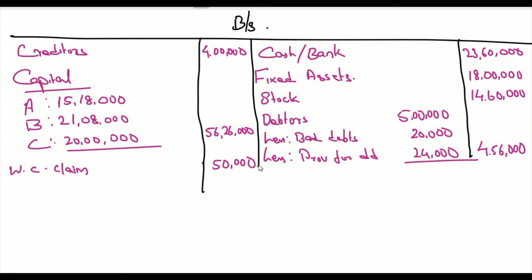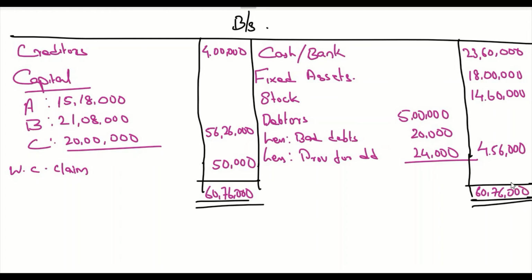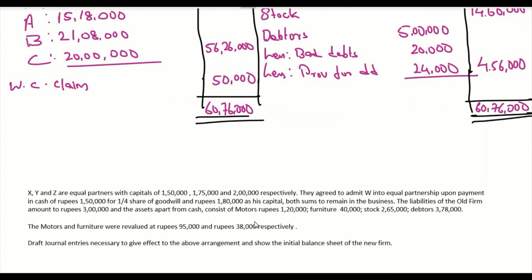Now we need to total the liability and asset side of the balance sheet. So the total is 60 lakh 76,000. So we completed question number 49.